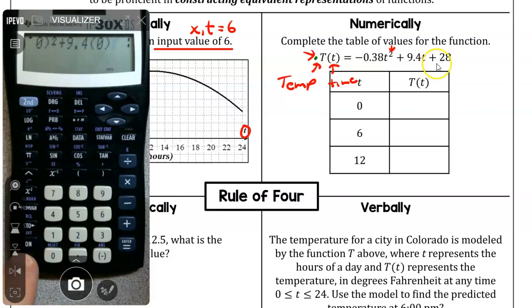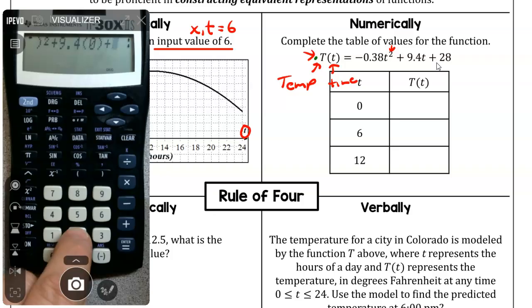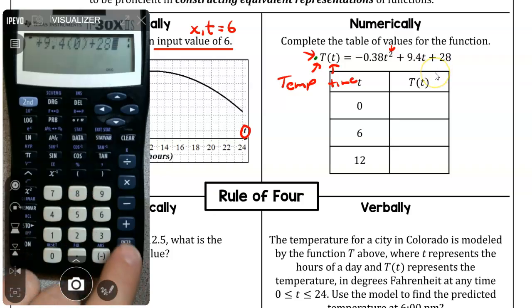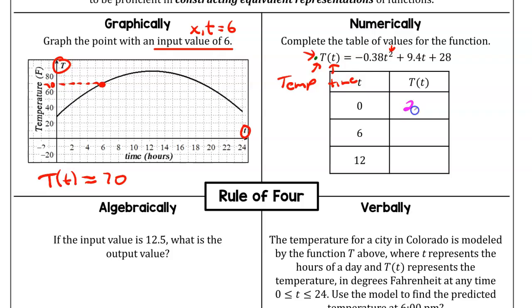And then lastly add 28. And no surprise, it gives me an answer of 28, because 0 plus 0 plus 28 is 28. So I got 28 here, and that should correspond to what we have over here. If you look at 0, that's a little bit below 30, so it makes sense that that's 28 right there. Let's keep going and do another.